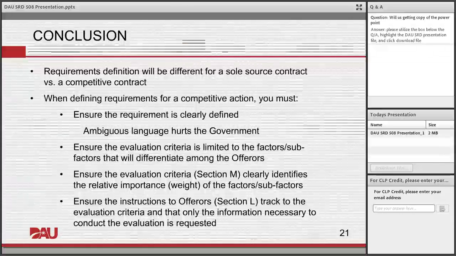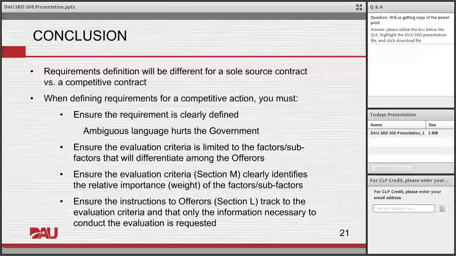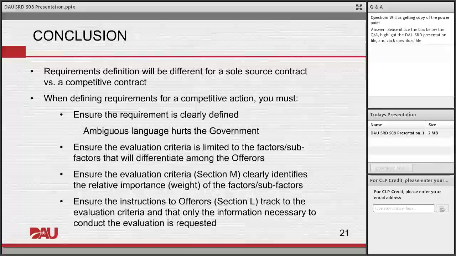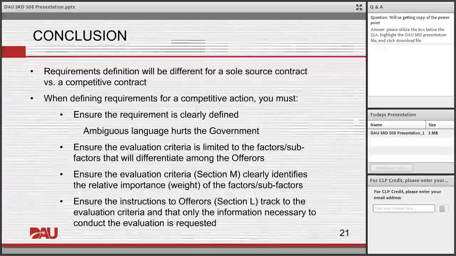I wanted to know, do you recommend one way of defining requirements over the other ways? So that's a good question, and the DFARS, the Defense Supplement to the FAR, actually states that the performance work statement is the preferred. And in fact, you have to go and get approval or get a waiver to use something other than performance-based when you are dealing with services.